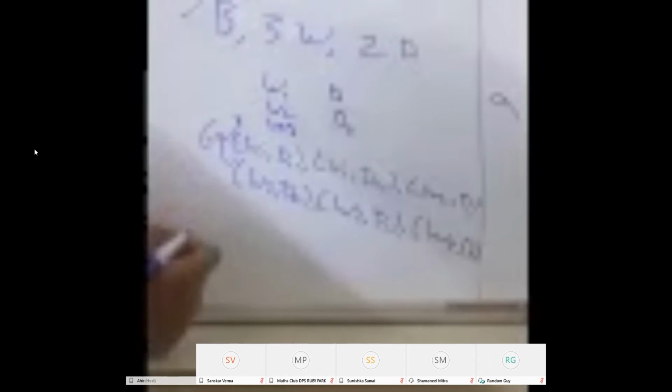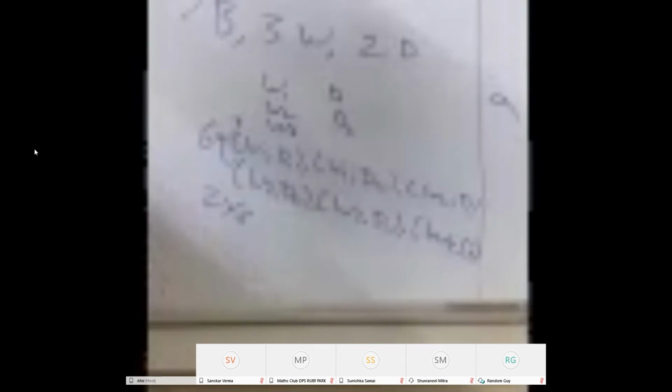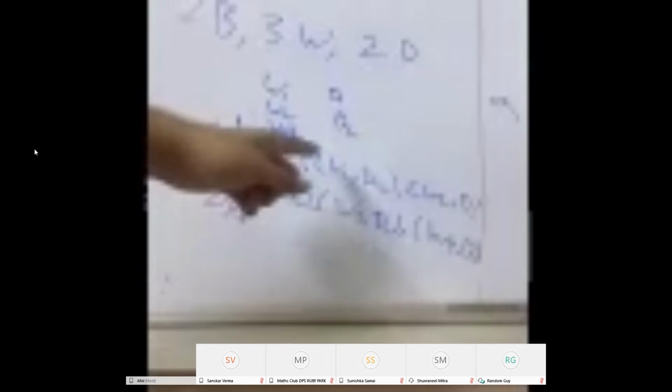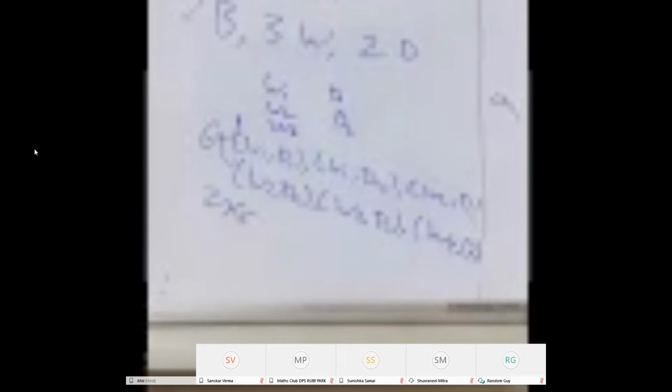Now, if you had 2 types of burgers, you could add any of those 2 to these 6 combinations, and it would have given us a total of 2 into 6, right? Because we could have B1 W1 D1, B2 W1 D1, we could have B1 W1 D2, B2 W1 D2, and we could proceed like that. So the number of combinations got doubled.